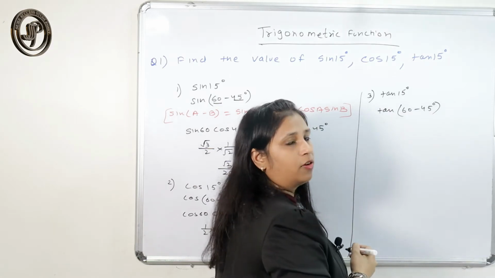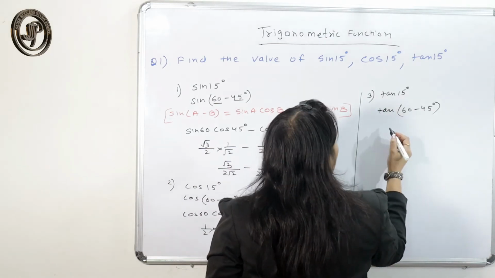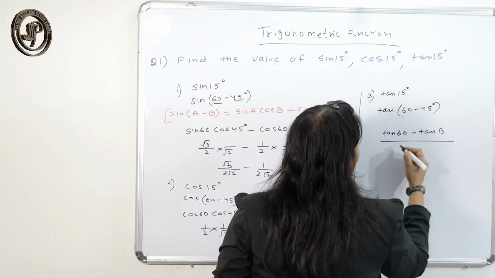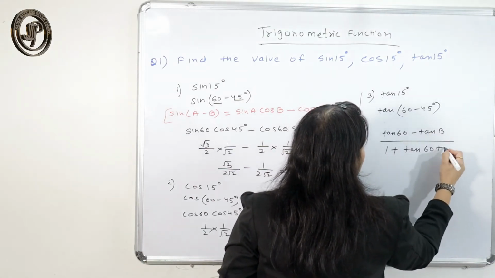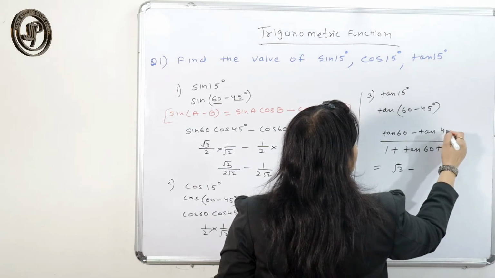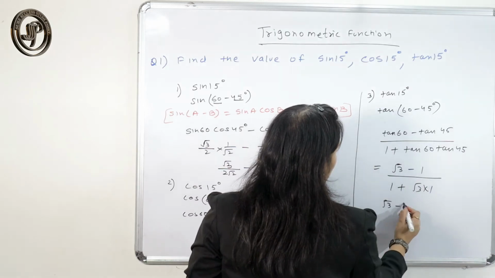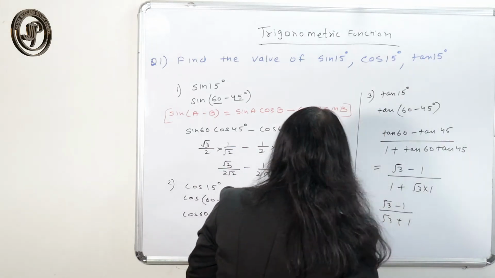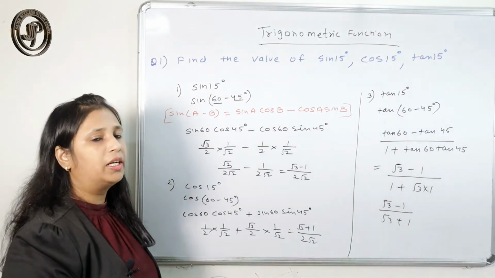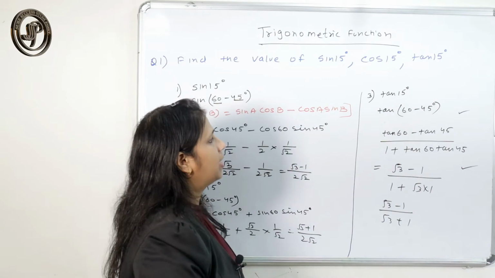Here also you can apply the formula tan A minus B, which is equal to tan A minus tan B upon 1 plus tan A tan B. If you substitute the values, you will get the same answer. So you can directly find the value of tan 15 degree by applying the formula tan A minus B.